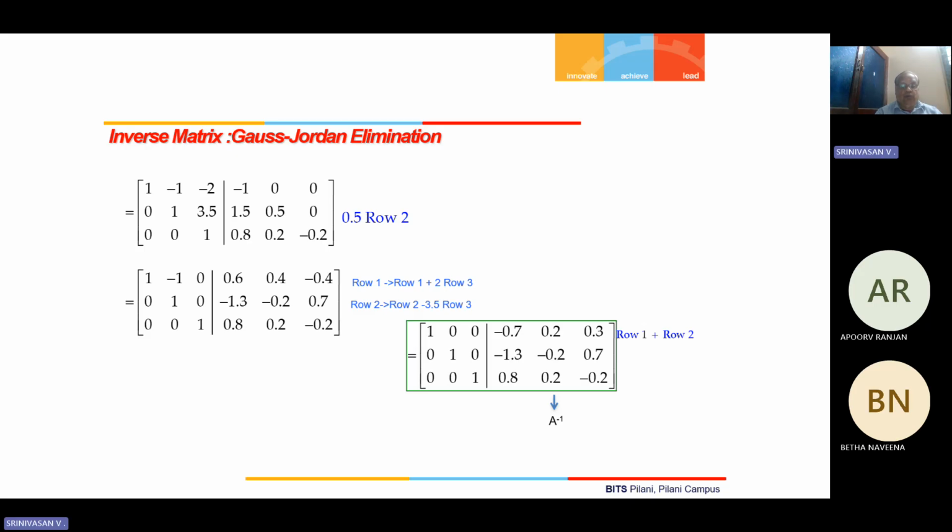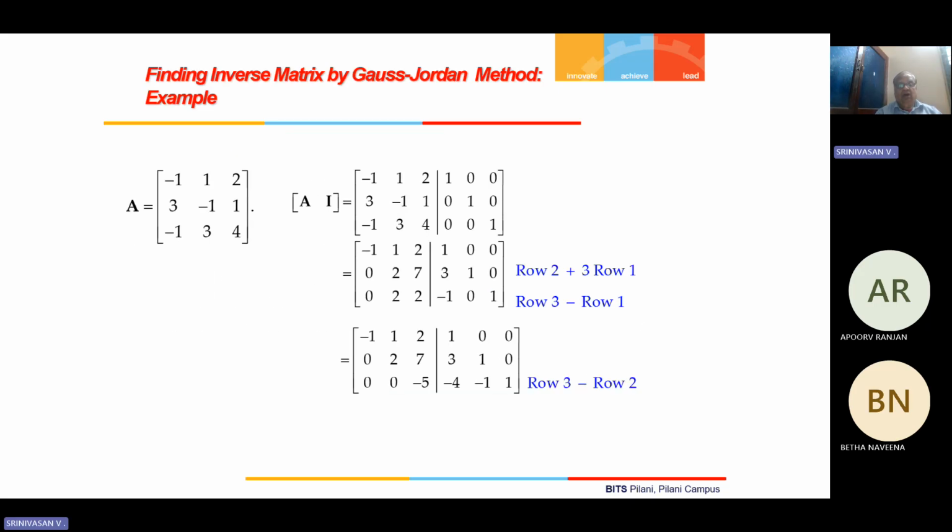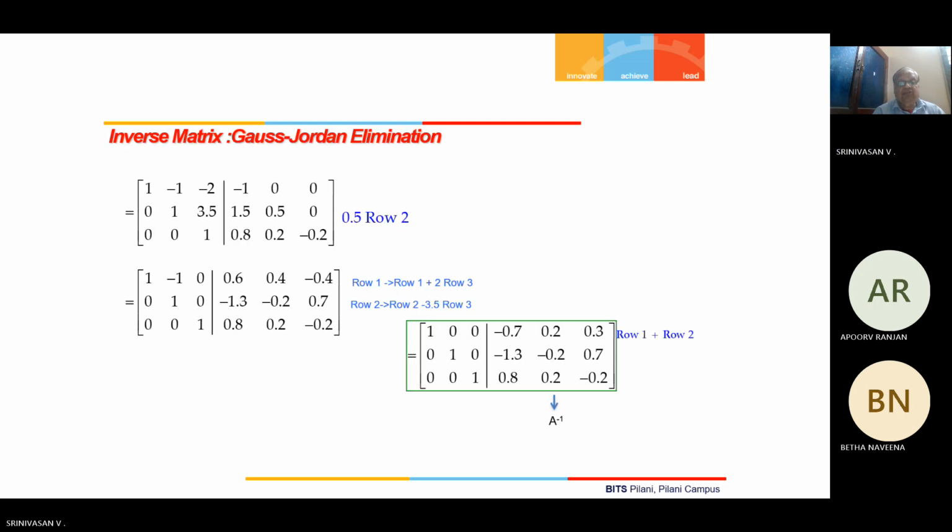R2, similarly, we go to R2. We just see here 2. Here we need to get 1, isn't it? 1, 1, 1. So let us divide R2 by 2, that is, you multiply by 1 by 2. You multiply by 0.5 so as to make it 1. So here R2 is R2 multiplied by 0.5.